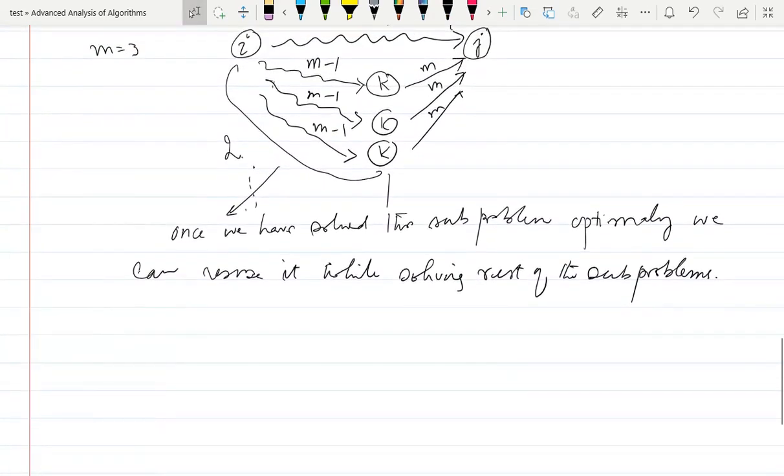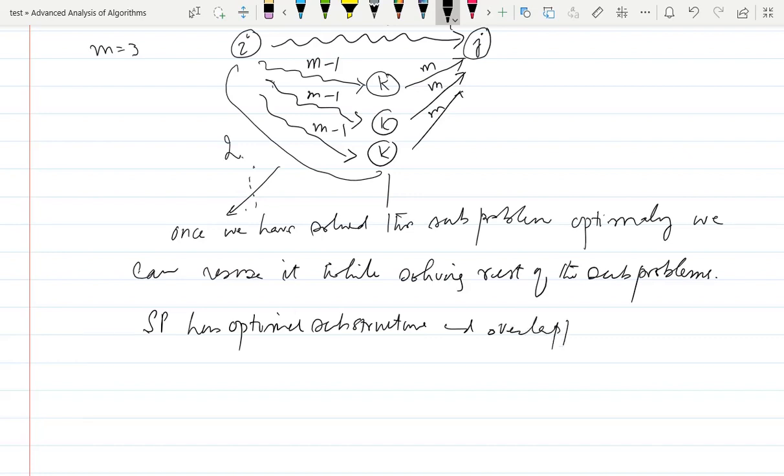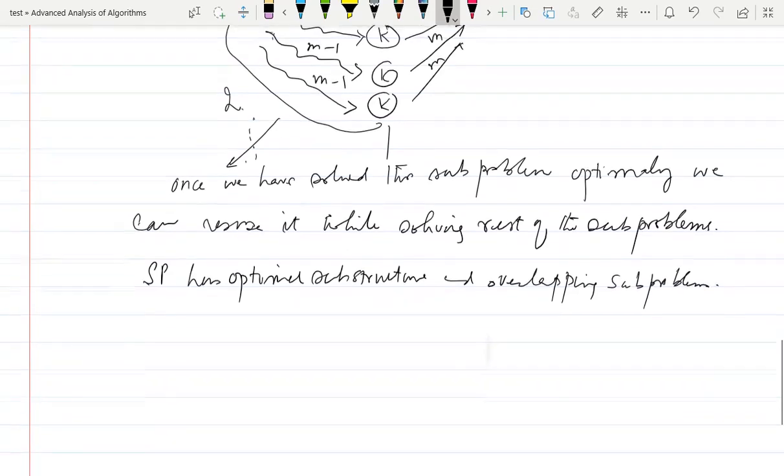And why is that? Because if we remember, the shortest path problem has optimal substructure and overlapping subproblems. We have discussed that already.